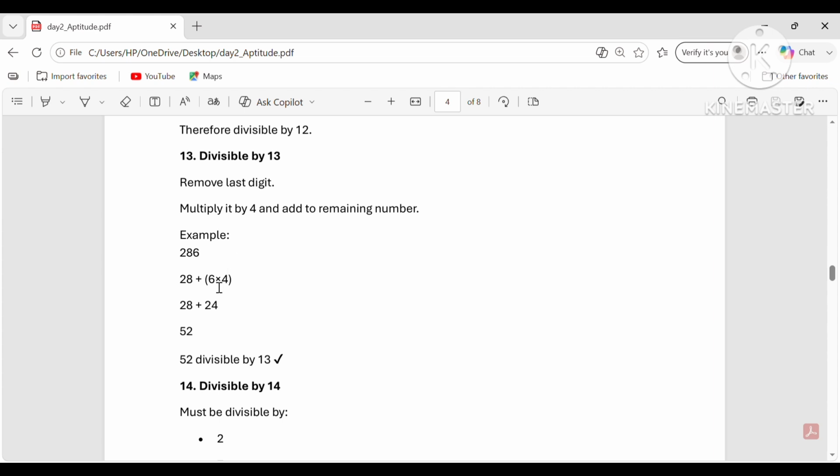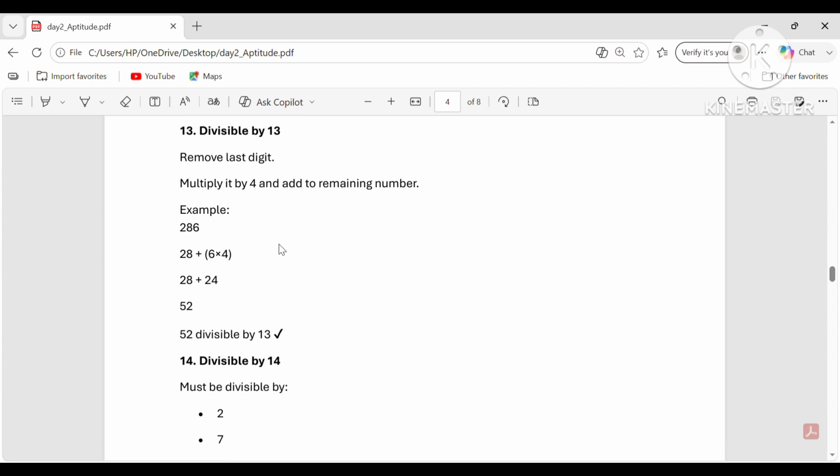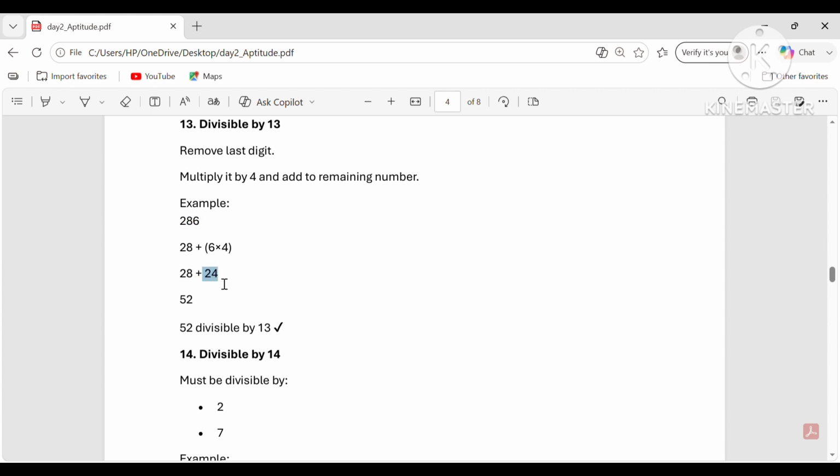Remove the last digit. Multiply it by 4 and add it to the remaining number. We need to check this very thoroughly. Why? Because we need to multiply it by 4 and add it to the remaining number. So for example, 28.